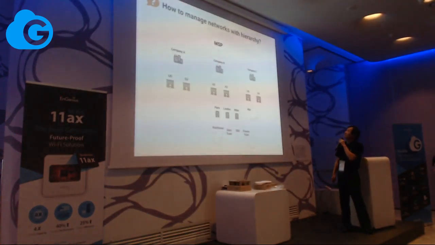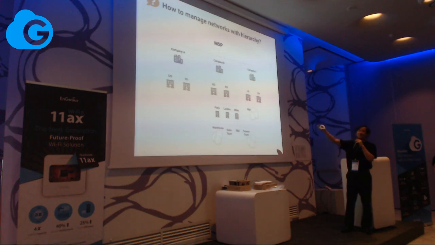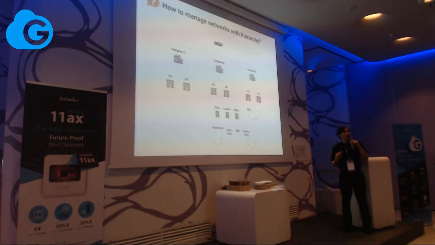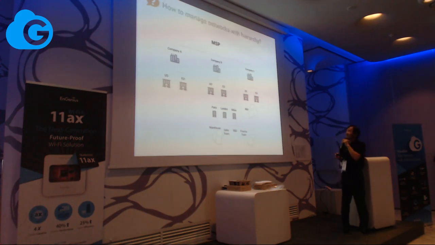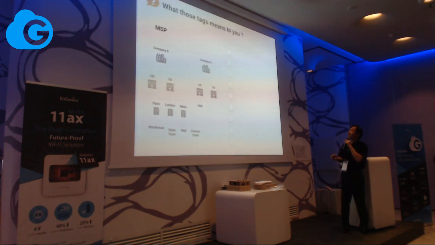And this is very common, like an MSP or maybe a system integrator like you. You've got lots of customers, and you want to manage them centrally. So how can you organize this in your network management? Some vendors do tags.